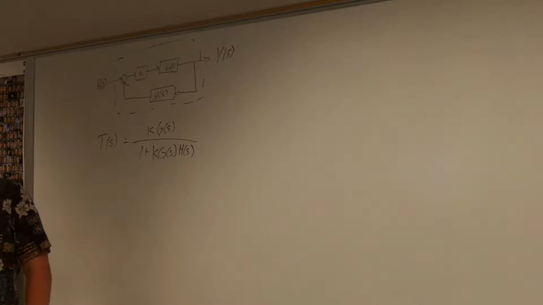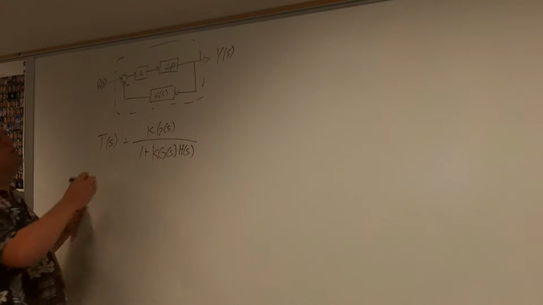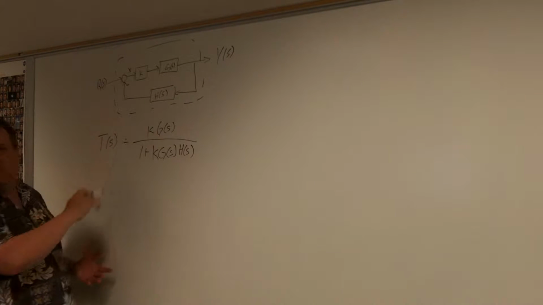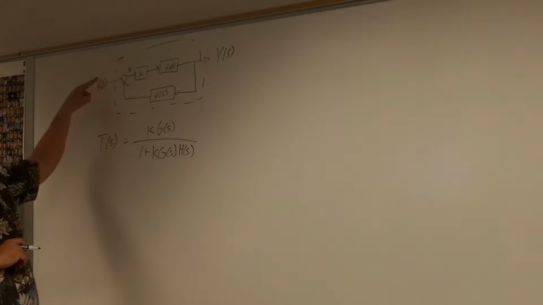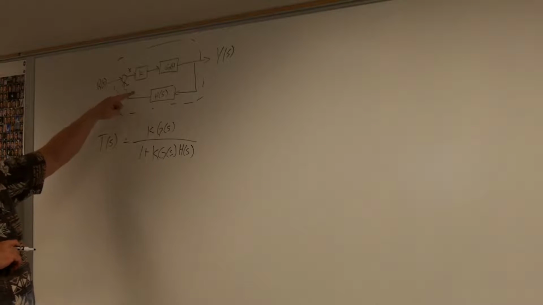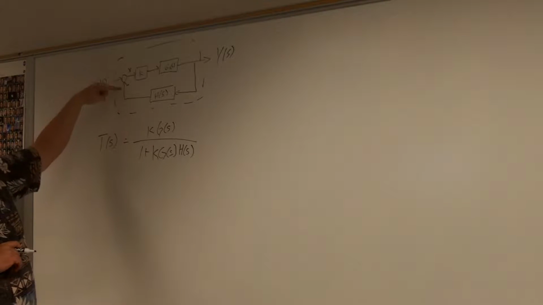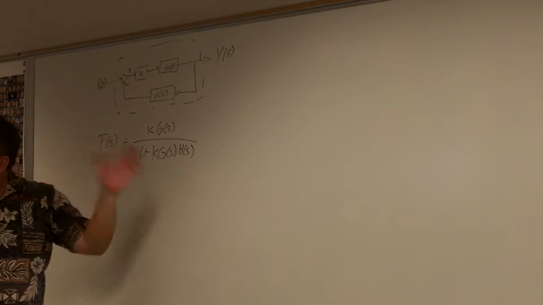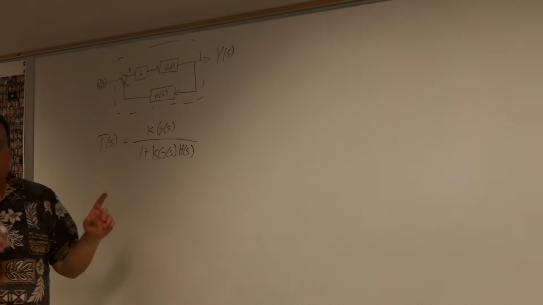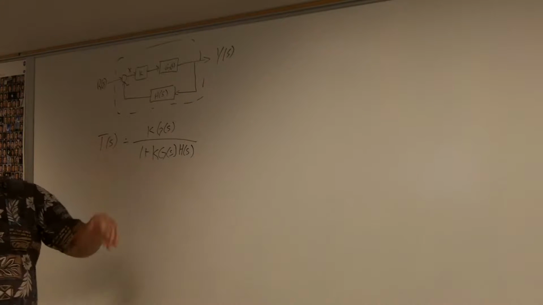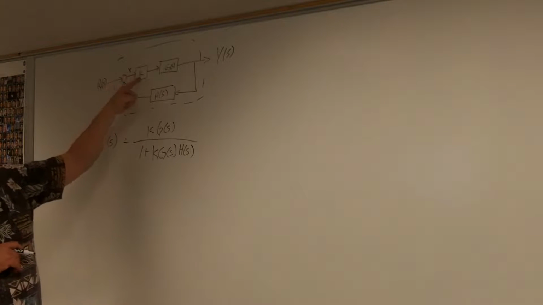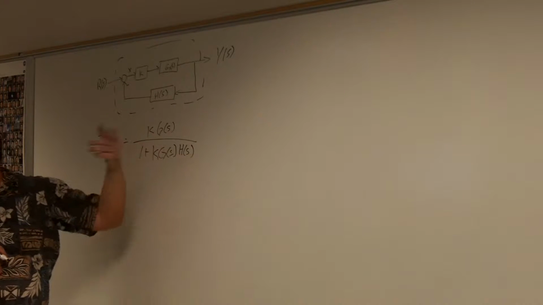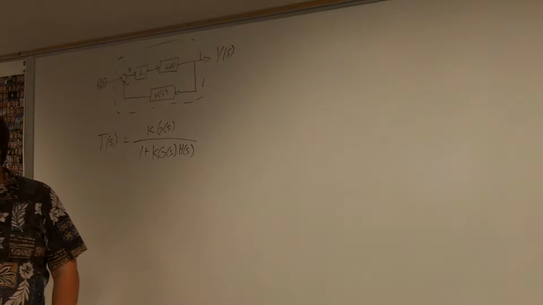Now, if you didn't remember that, you could put something in here and I could call this X, right? And we could say X equals R minus, and then I take this and it's H times G times K times X. Bring X all to the other side and that will give you the denominator and divide through, and that gave me X, and then I have to multiply by KG to get Y. Fair enough?